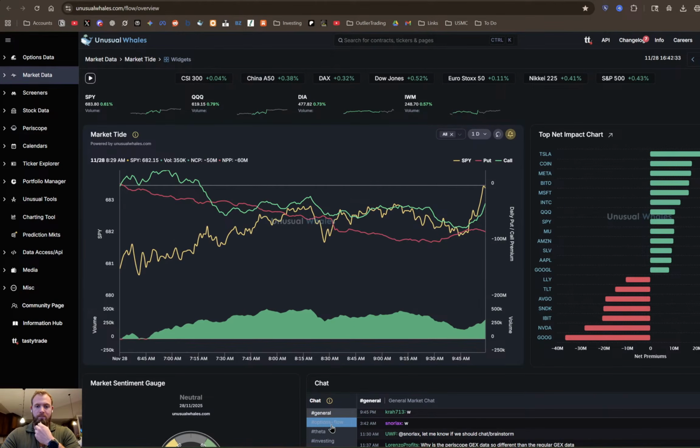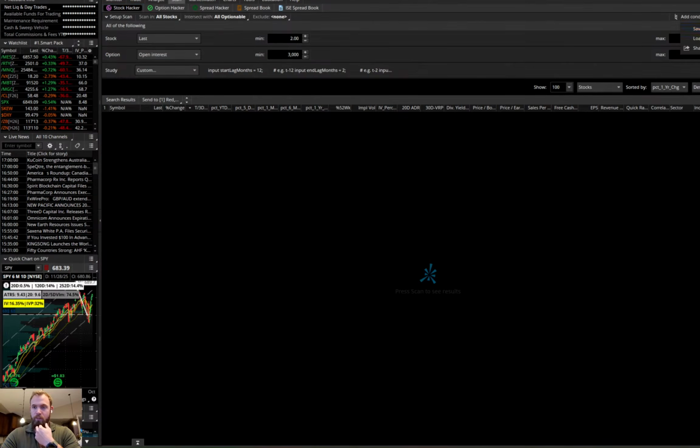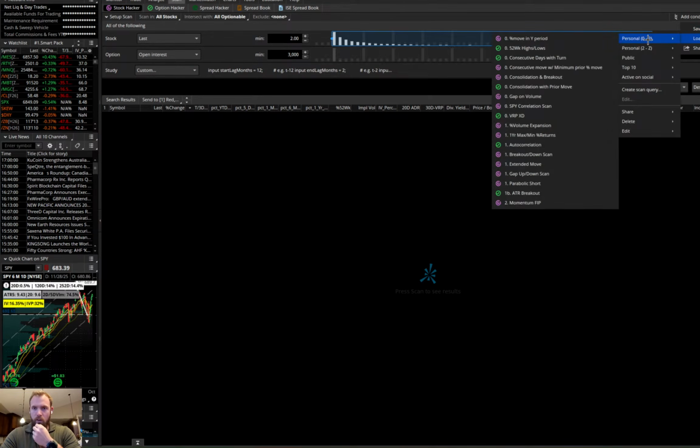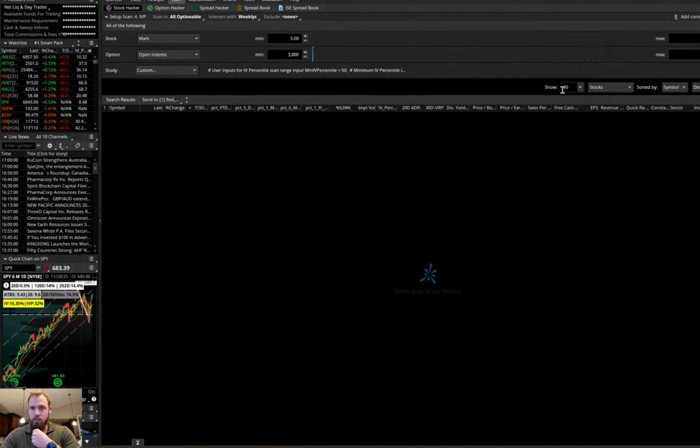Let's just find some stuff that has a pretty high IV. We'll go into the platform really quick, which makes it a little easier to find stuff with high IV. All I'm going to do is look for stuff. That one's VRP, which is okay. Let's take a look at implied volatility percentile.